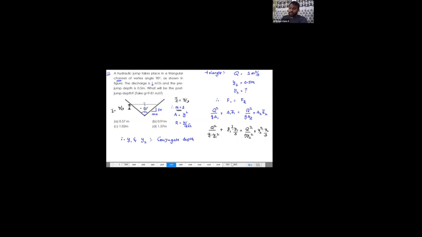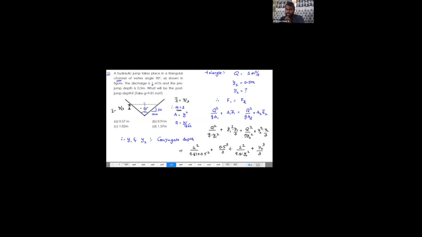Now, substitute the values of Q square by g and all those things. What is Q? 1 square by 9.81 into Y1 square, 0.5 square, plus Y1 cube, 0.5 cube by 3, is equal to 1 square by 9.81 into Y2 square plus Y2 cube by 3.